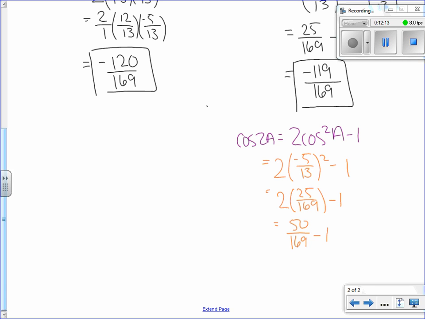Still have that minus 1. And when you do that, you get negative 119 over 169. So if you didn't believe me before, you will get the same thing because these are equivalent. And that is it. I'm done. Be prepared to prove the other 2 cosine identities and the tangent identity. All right, try and do that for homework because I'm going to put one of you on the spot to try and do it in class.